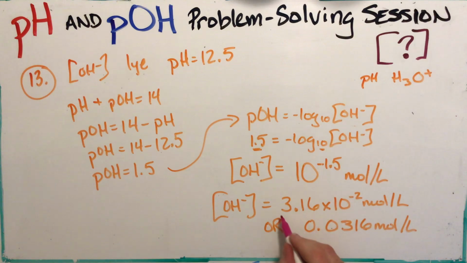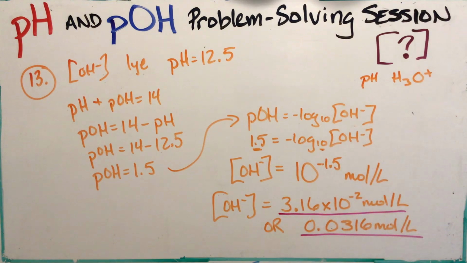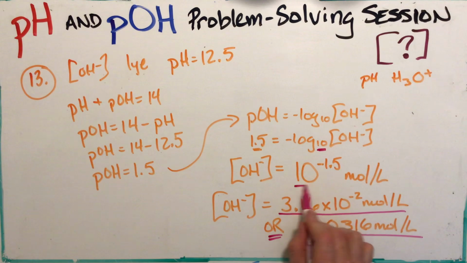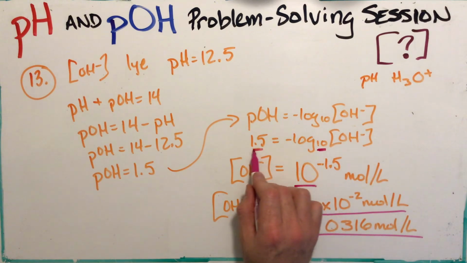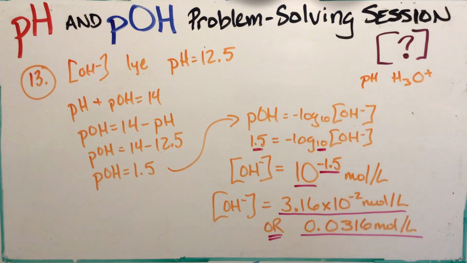Either of these is absolutely fine, right? It says or, so this or that. And just remember what we did. This little 10 becomes your base, and this becomes your negative exponent. All right? This is our final answer, both in scientific notation and in expanded version.